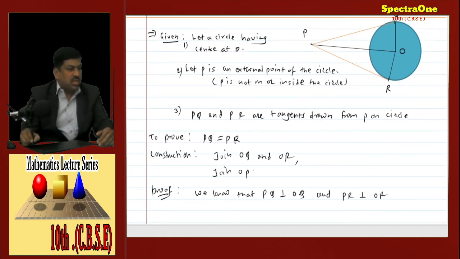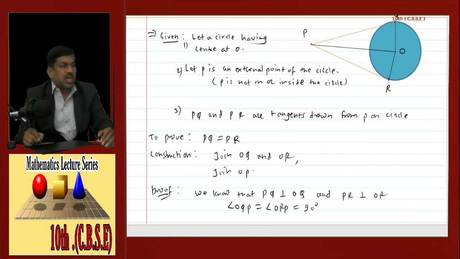So that means angle OQP and angle ORP are 90 degrees, right? By the theorem, the tangent makes 90 degrees with the radius at the point of contact, from the last theorem. So that's why OQP and ORP are 90 degree angles.